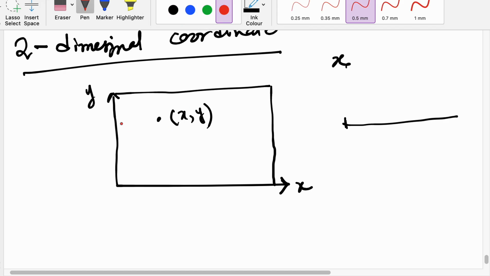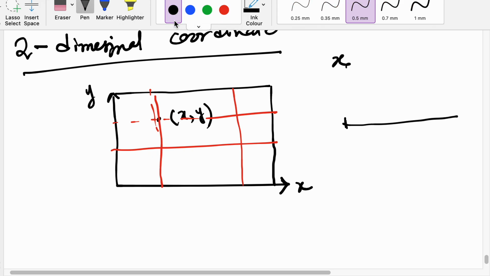Let me take this grid. Suppose x has returned to its initial value.